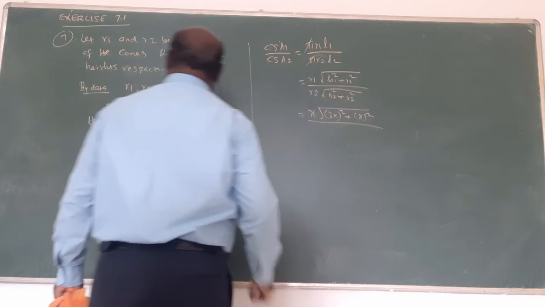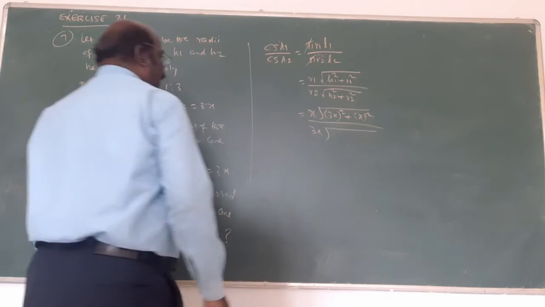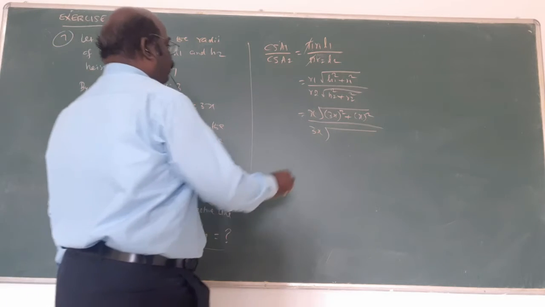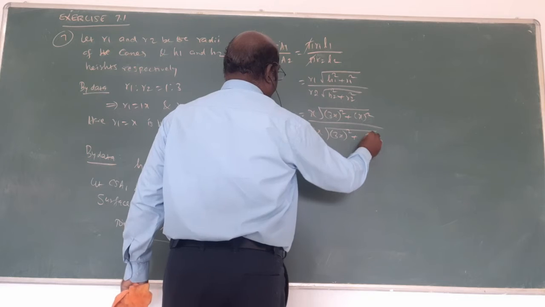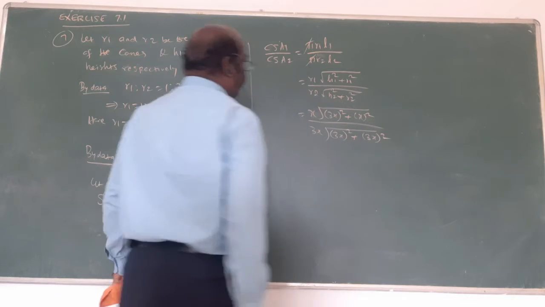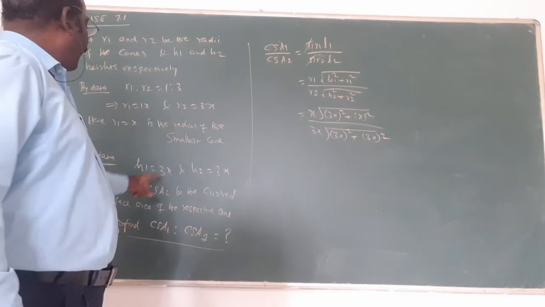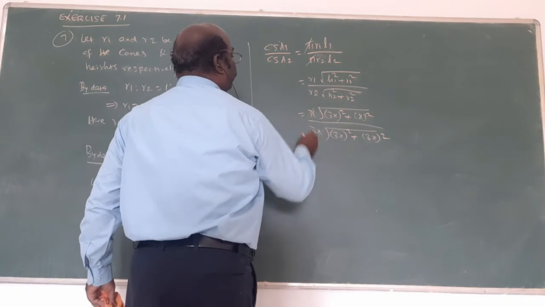Here r2 is 3x, and h2 is also 3x. x is the same in both, so x is cancelled.